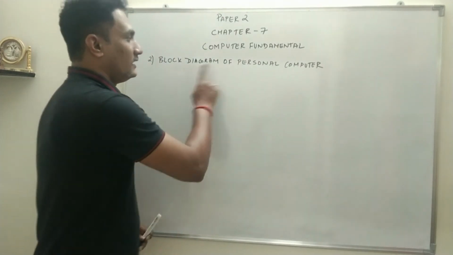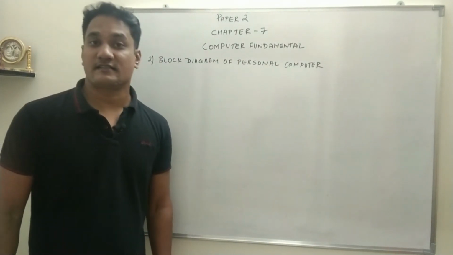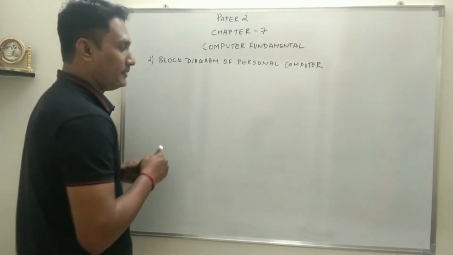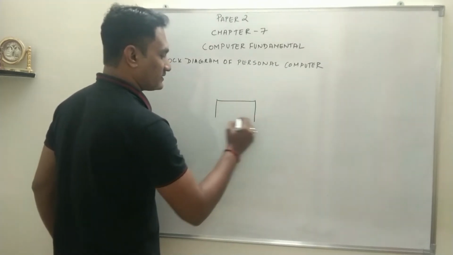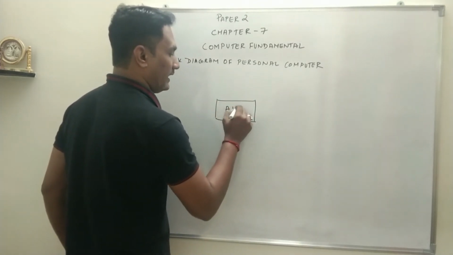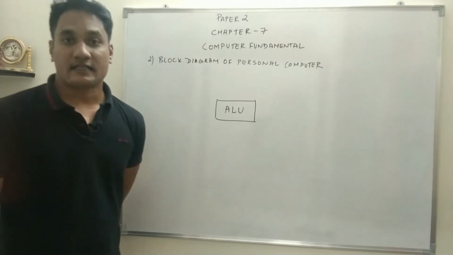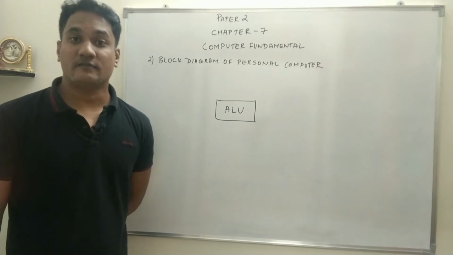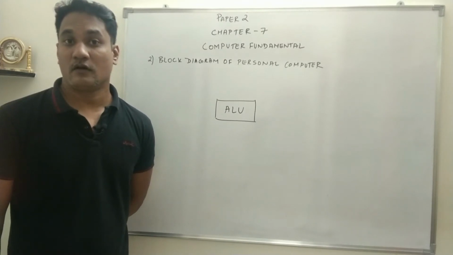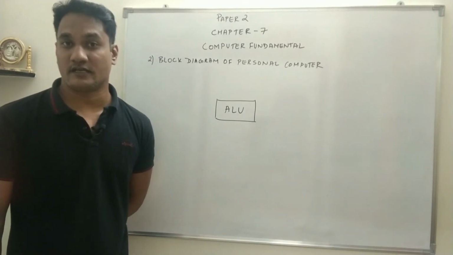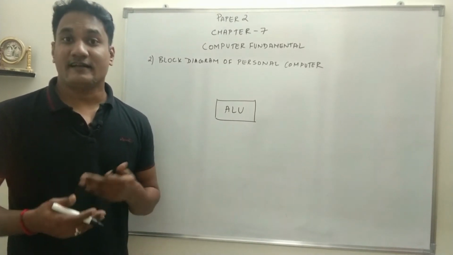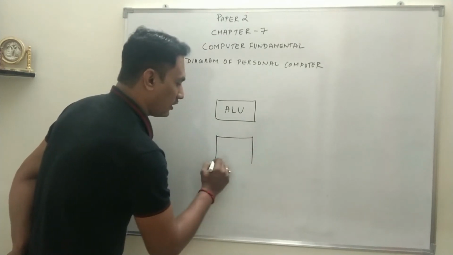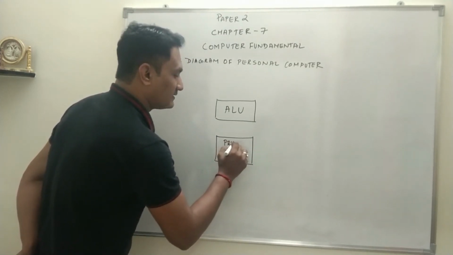So basically, a personal computer is used to process binary data at a very high speed, and the basic block which does that is called the ALU, the arithmetic and logical unit. Now, as I said, the arithmetic and logical unit will perform complex arithmetic and logical operations on the data. But where will the data come from? Of course, the data will come from a block called primary memory.